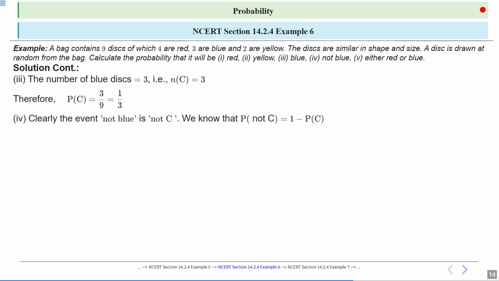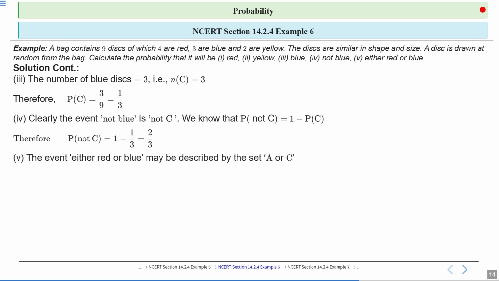So the probability of not C is equal to 1 minus the probability of C, and the probability of C is 1 by 3. So the probability of not C is equal to 1 minus 1 by 3. If we simplify it, you will get 2 over 3. So the probability of not C is equal to 2 over 3. Clear?